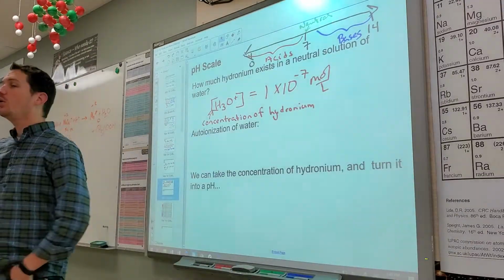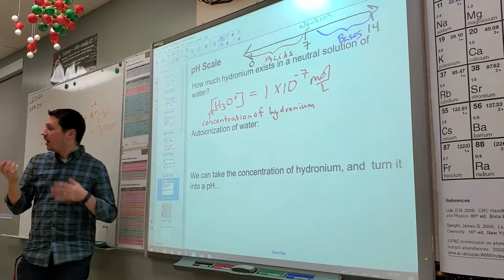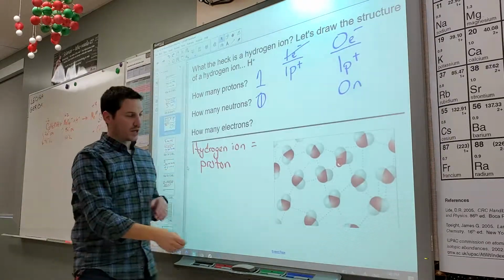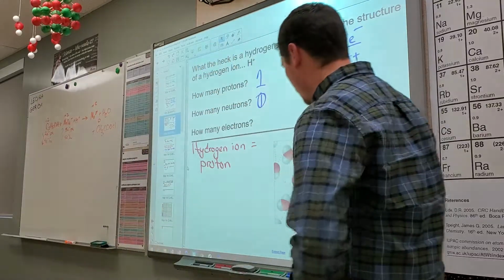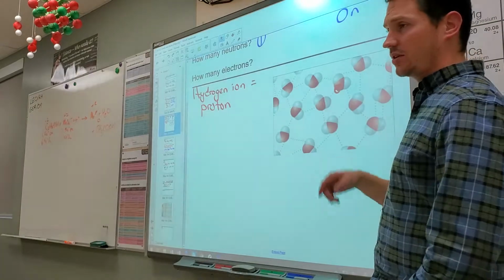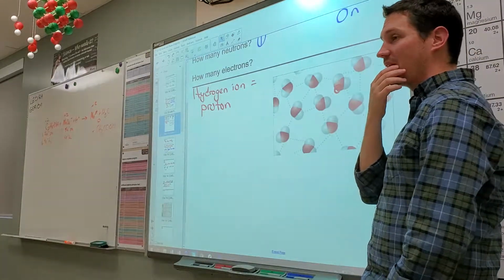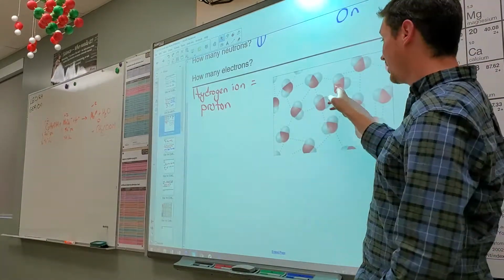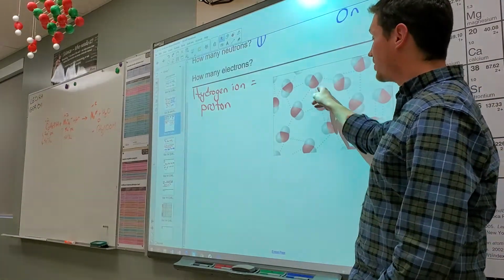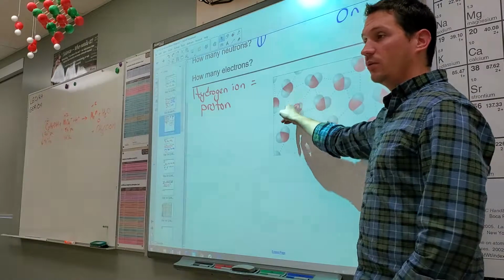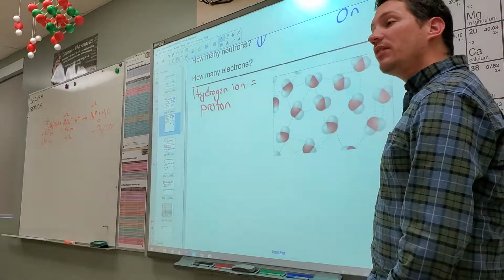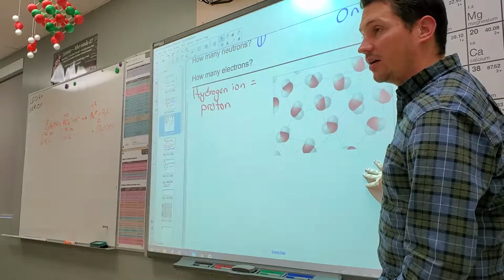Remember, what's our vision of water? What's our vision of an acidic solution? Do you remember what I was trying to get you to envision over here? What's actually happening to this picture? The proton is bouncing from one water molecule to another, right? And that's happening even if there are no acids in here.